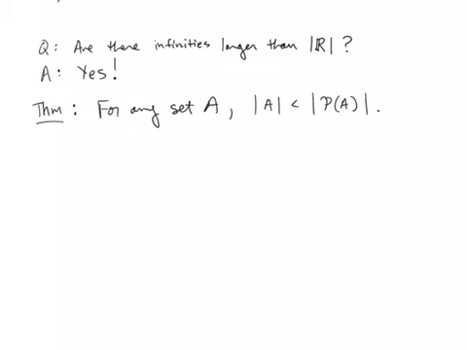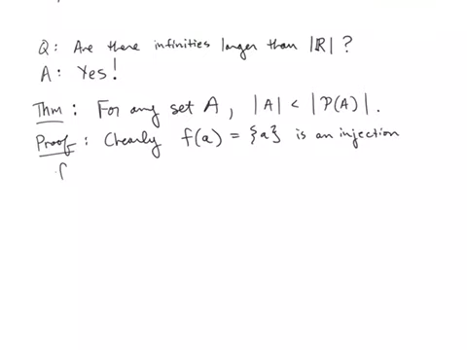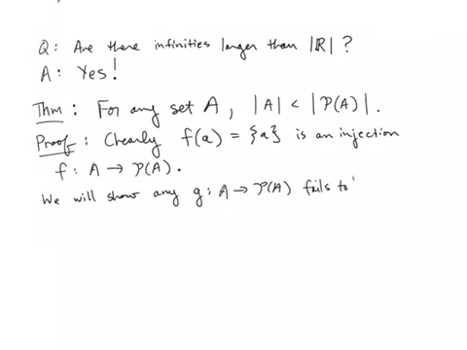That is, there's an injection from A to the power set of A, but there is no surjection from A to the power set of A. Okay, so clearly f of a equals the set containing a is an injection from A to the power set of A. So we will show any g from A to the power set of A fails to be surjective. So let such a g be given.